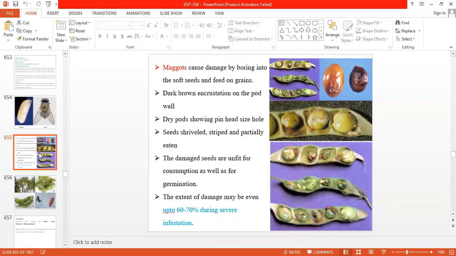Later, they burrow deep down, resulting in decaying of the grain, which becomes unfit for either consumption or germination. In severe cases of damage, the pods present a twisted appearance. 60 to 70% damage has been noticed due to the infestation of the tur pod fly, Melanagromyza obtusa.